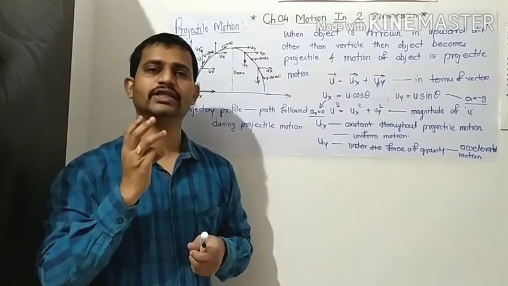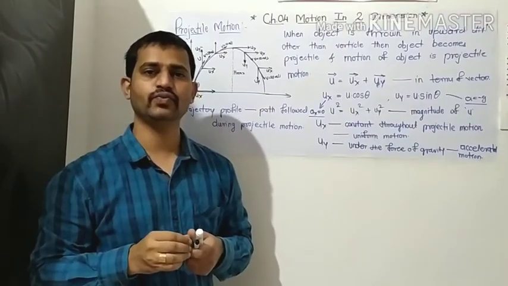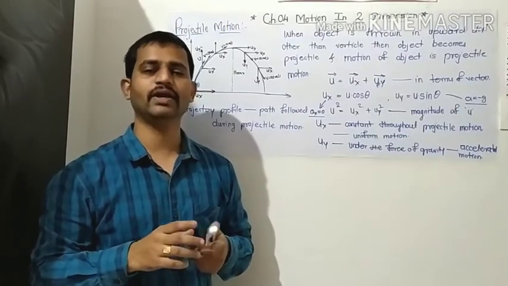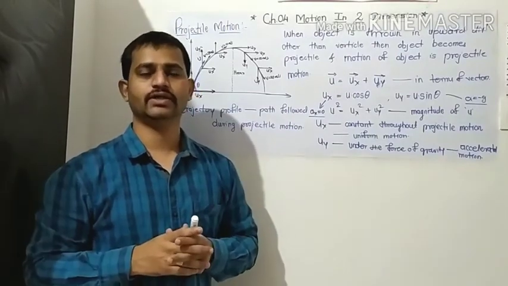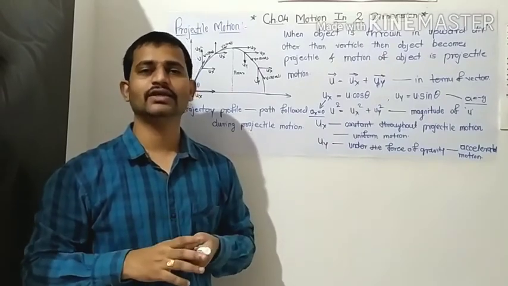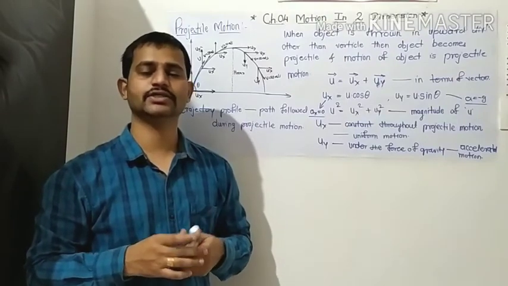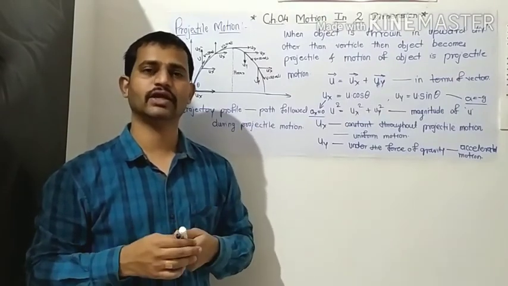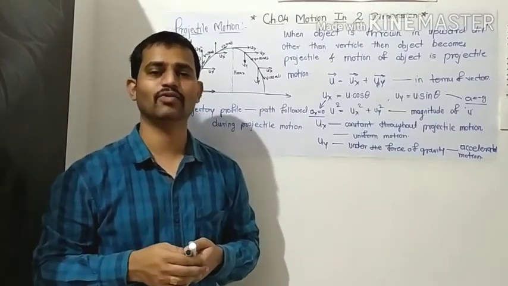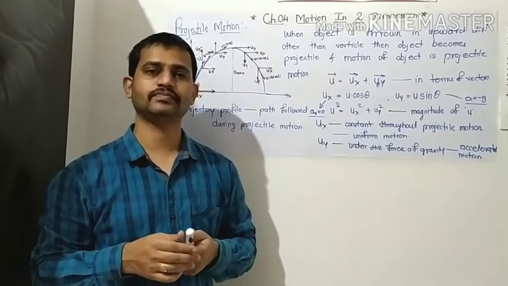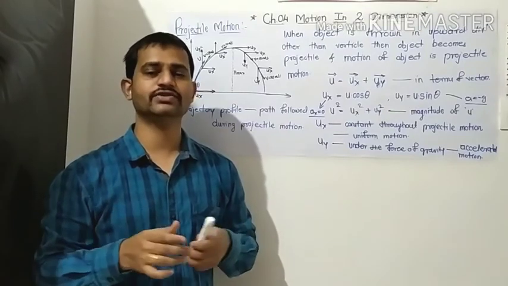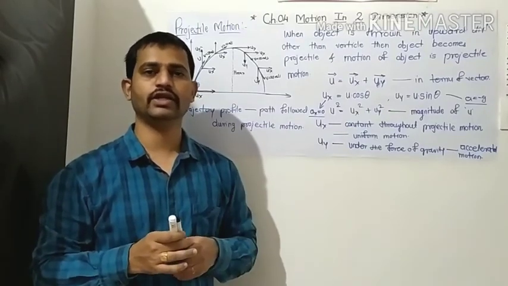We have to see the features of projectile motion, like its time period, how much time the body requires to reach the final position, how much height the body can achieve, and how much range the object can cover. All these features we will study now in this lecture about projectile motion.